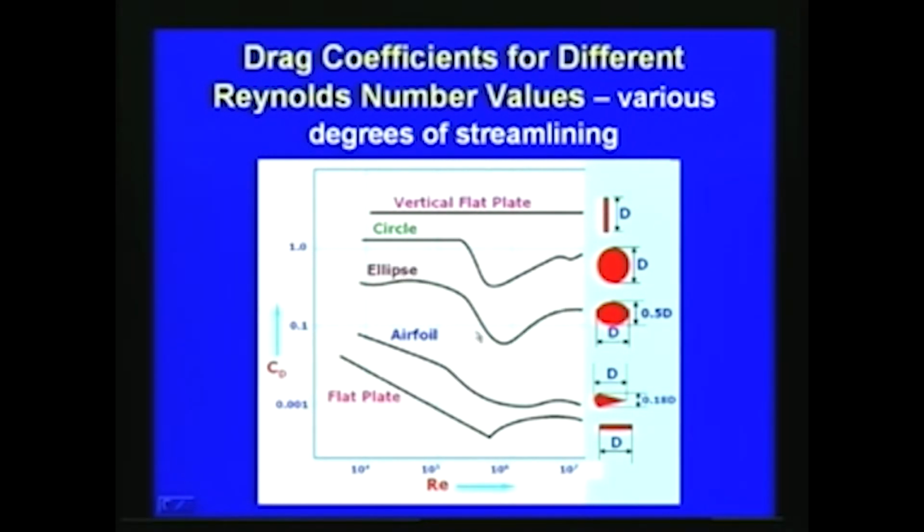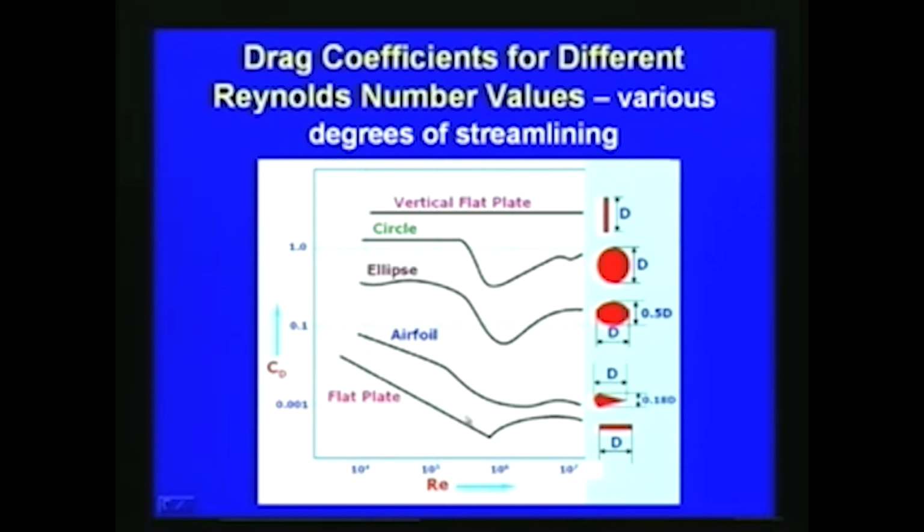This is the case for the ellipse. For a streamlined body like an airfoil, when the Reynolds number increases, the coefficient of drag keeps decreasing like this, with only a small change when further increasing the Reynolds number in this range for an airfoil of this shape.